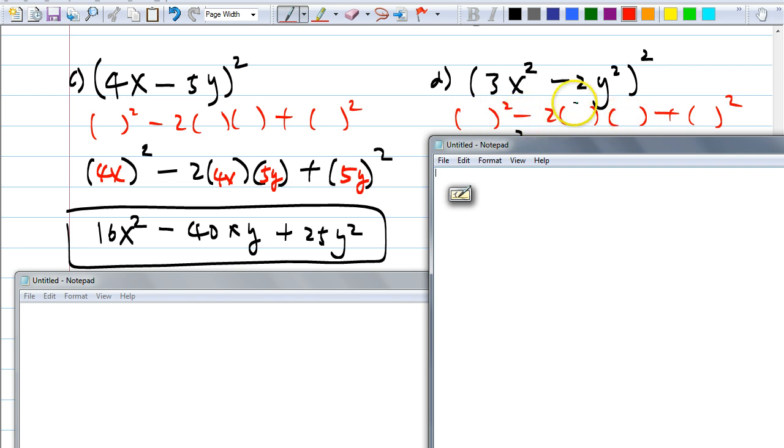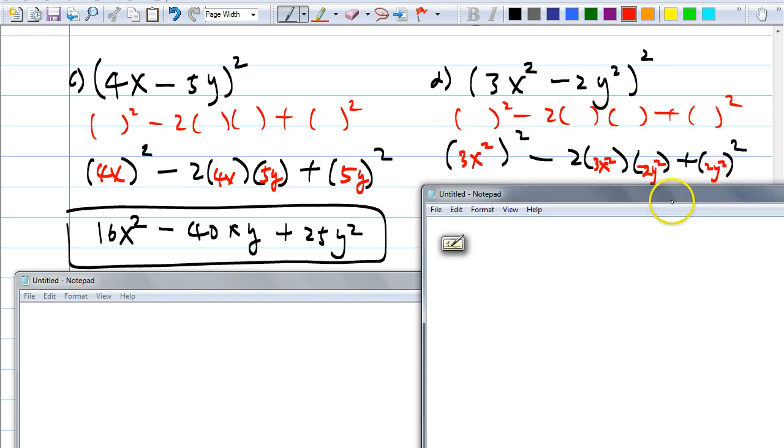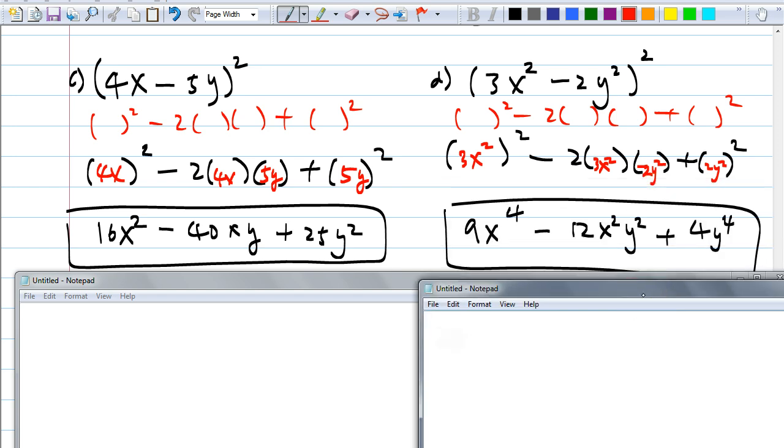Again, another a. What's your a again? 3x squared. So you get 3x squared here, 3x squared here. What goes in here? 2y squared here. Does that make sense, guys? Do you understand? Did you all get this? 9x to the fourth minus 12x squared y squared plus 4y to the fourth? Yeah. Does that make sense? Any questions? No. Easy enough?